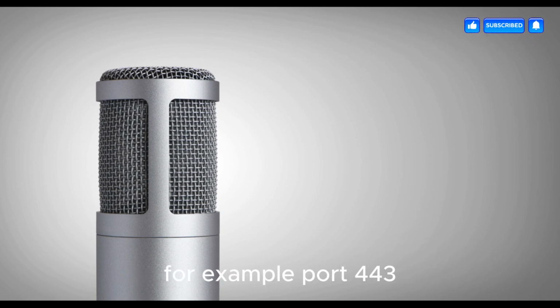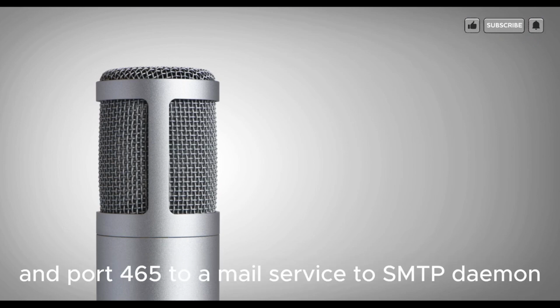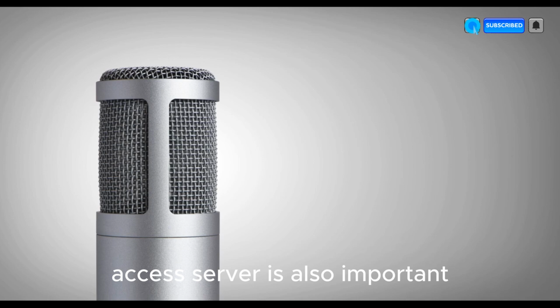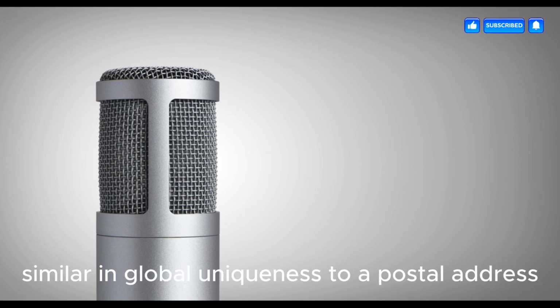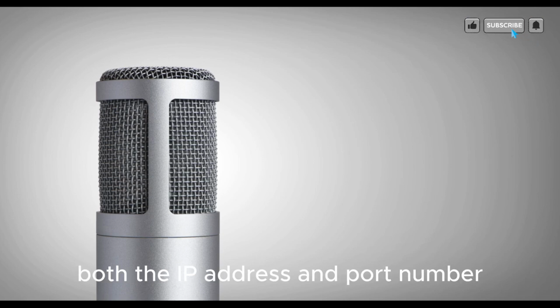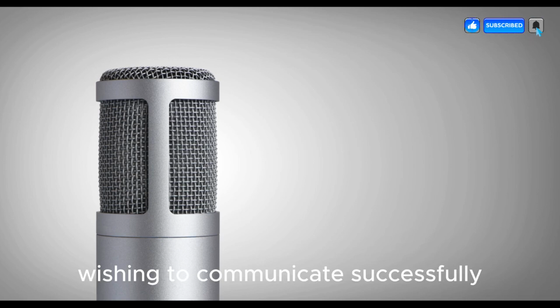For example, port 443 connects through a socket to the web server software, and port 465 to a mail service, the SMTP daemon. The IP address of a public server is also important. Similar in global uniqueness to a postal address or telephone number, both the IP address and port number must be correctly known by all hosts wishing to communicate successfully.